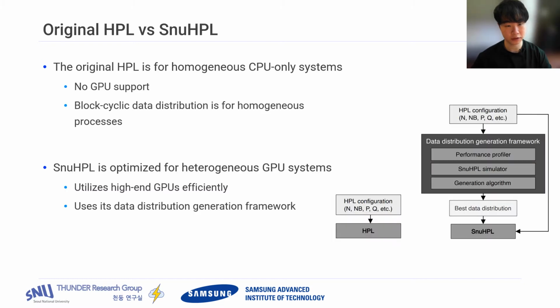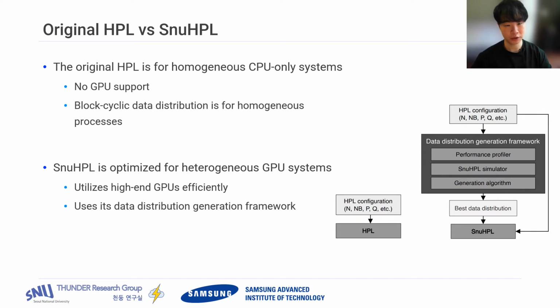Now, I'll explain the differences between the original HPL and SnuHPL. The original HPL is designed for homogeneous CPU-only systems. There is no GPU support, and its block cyclic data distribution is only optimal for homogeneous processes. In contrast, SnuHPL's target system is a cluster of heterogeneous GPUs.